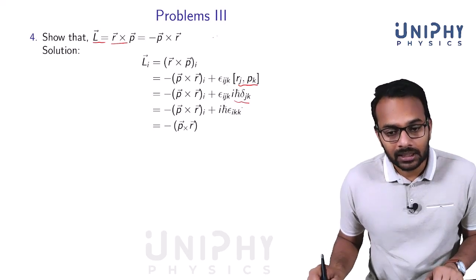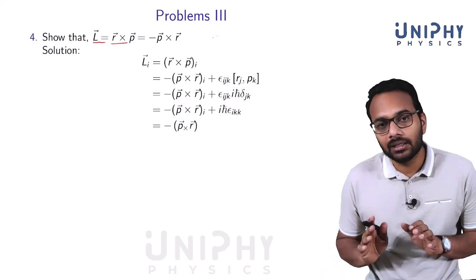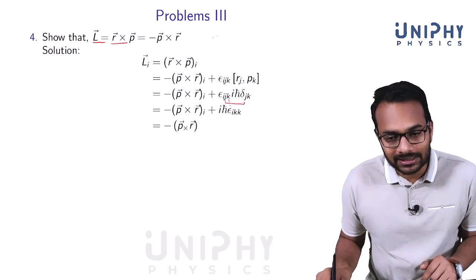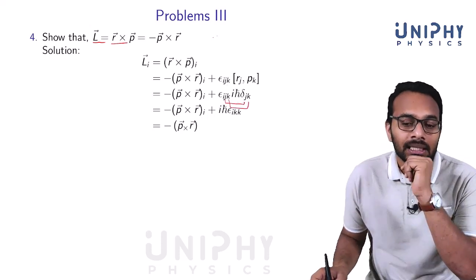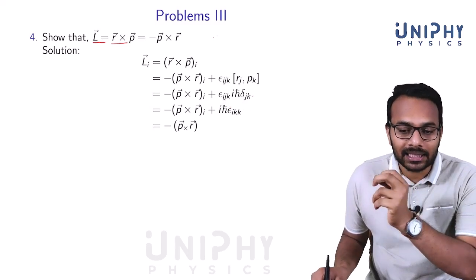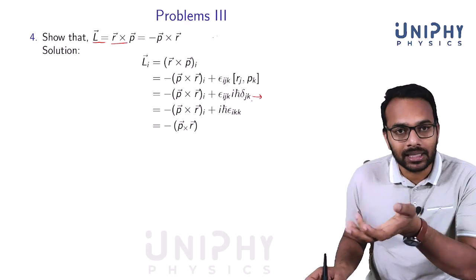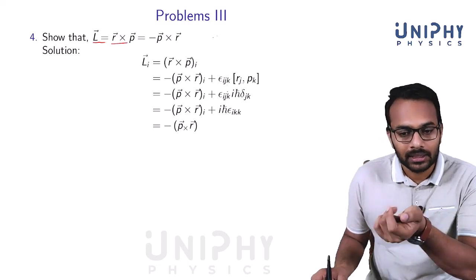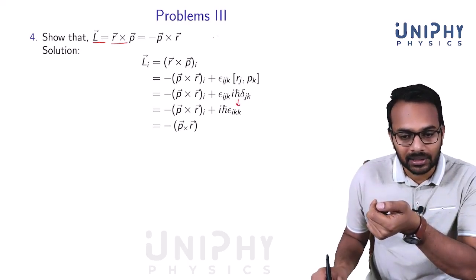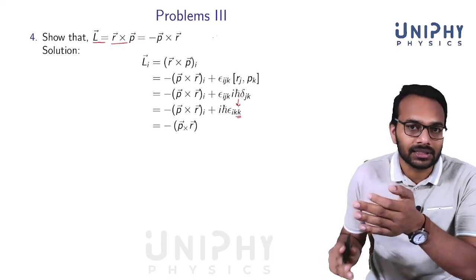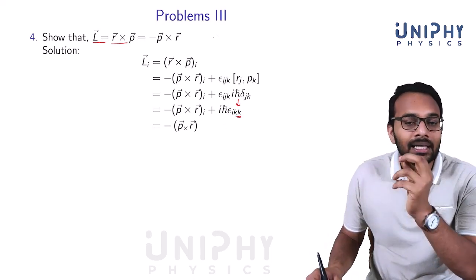Remember we are talking about Einstein summation convention. So, this means that there is a summation over j and k. This means that in the whole summation, the only term that survives is when j equals k. So this becomes iħ cross epsilon ikk, because the only term that survives is when j is equal to k.